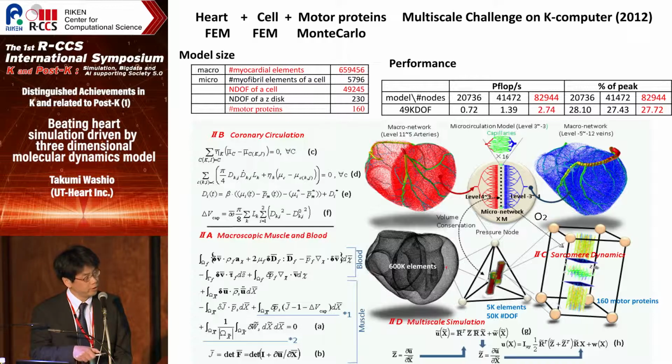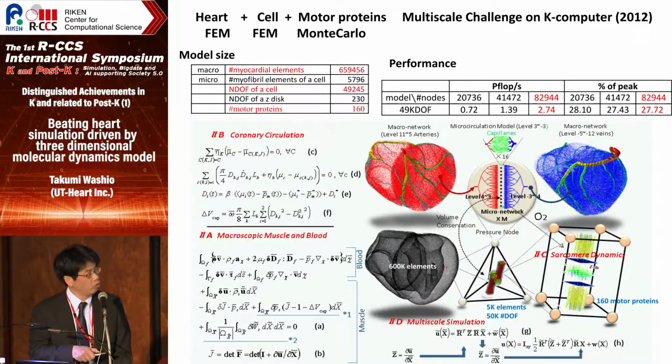And these distinct sarcomere models were embedded into 5 kilo myofibril elements in the cell model, which is a finite element model. And this finite element model is embedded into the 600 kilo elements in the ventricle model.